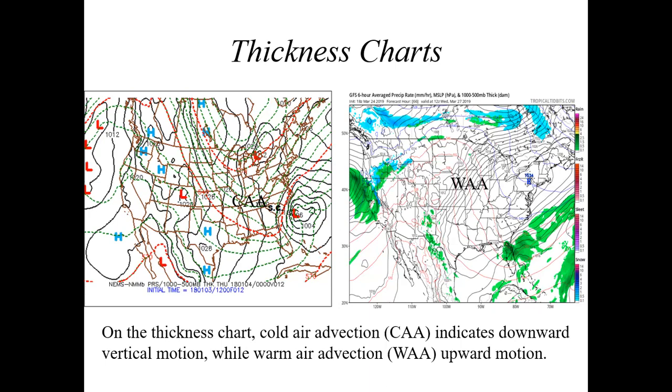But there was a very strong push of cold air behind this very strong low pressure system off the southeast coast. The green dashed lines on the image on the left are the thickness lines. The red thickness line indicates the rain-snow line, the 540 decameter thickness.